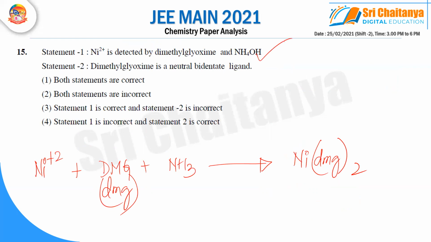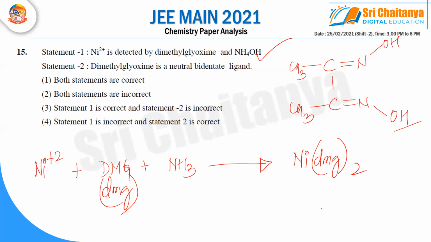Now, DMG is a neutral bidentate ligand. Yes, this is your DMG. When one of these hydrogens is removed, there appears a negative charge.